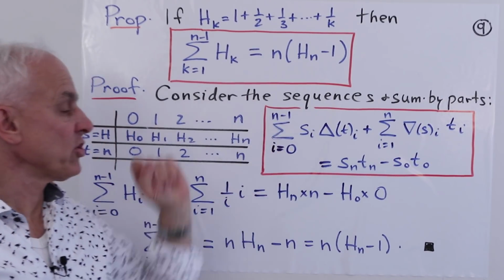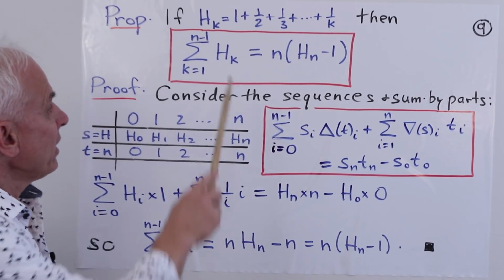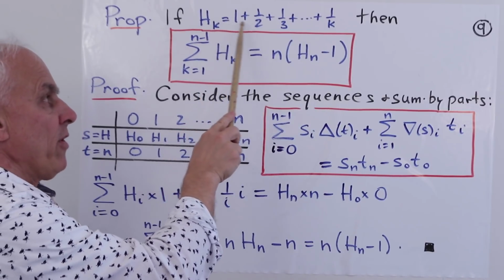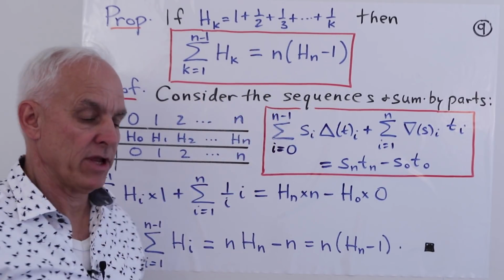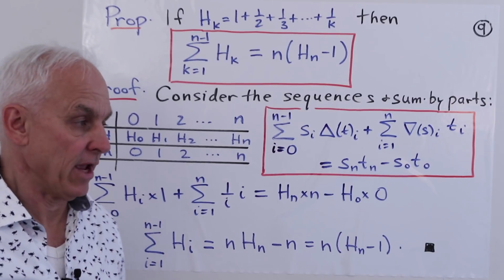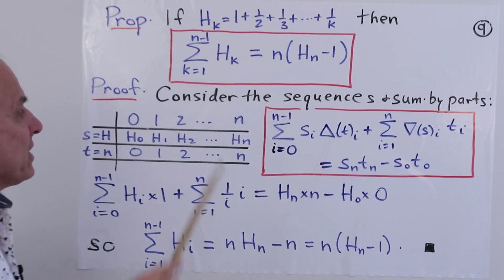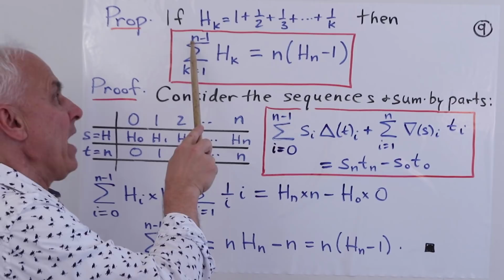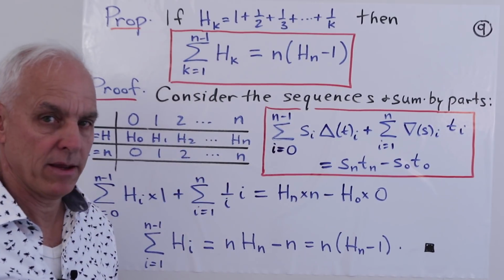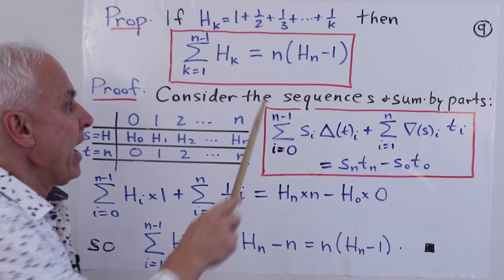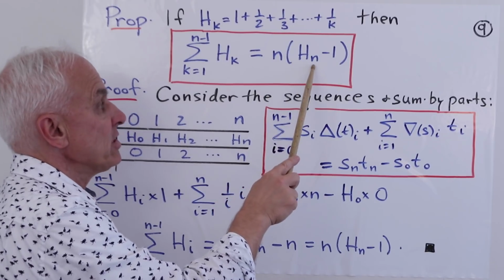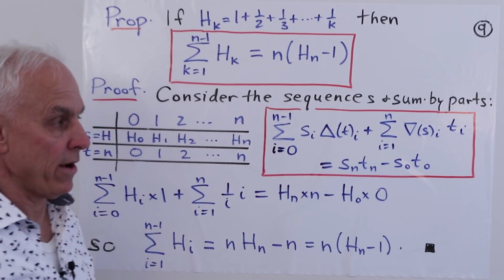So here's the proposition that gives us that second column. If h sub k is 1 plus a half plus a third all the way up to 1 over k, so often called the kth harmonic number, then the sum from k equals 1 to n minus 1 of h sub k is n times h sub n minus 1.